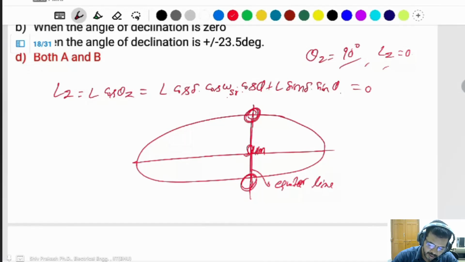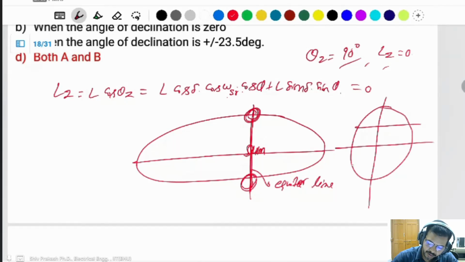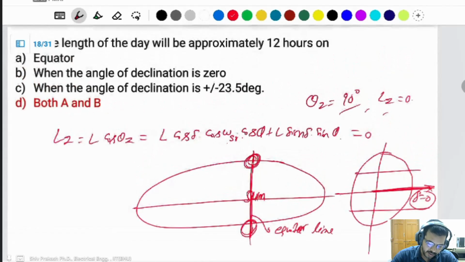At both points on the equator line, the angle of declination will be 0, and at the same point you can see the sunset and sunrise have the same hour angle. That's why the daytime and night time will be the same at this point.